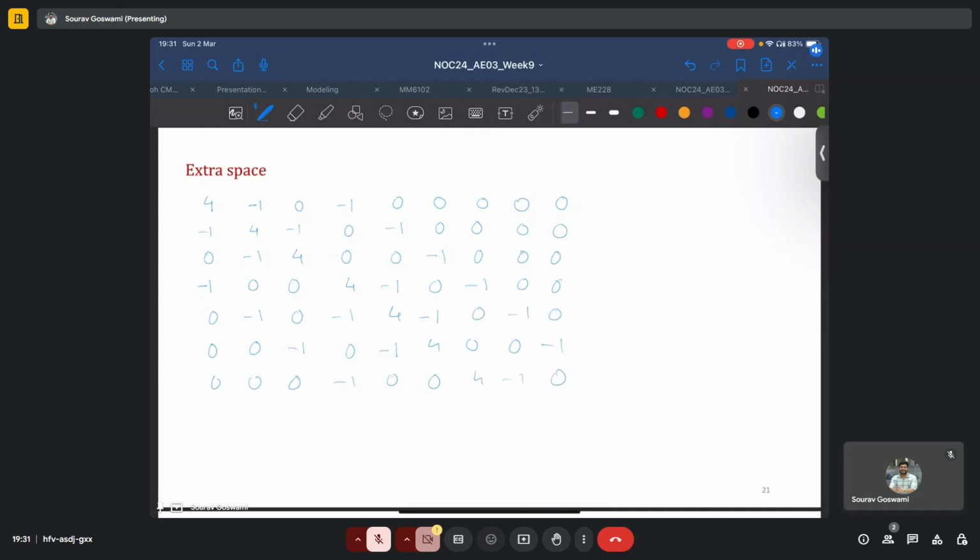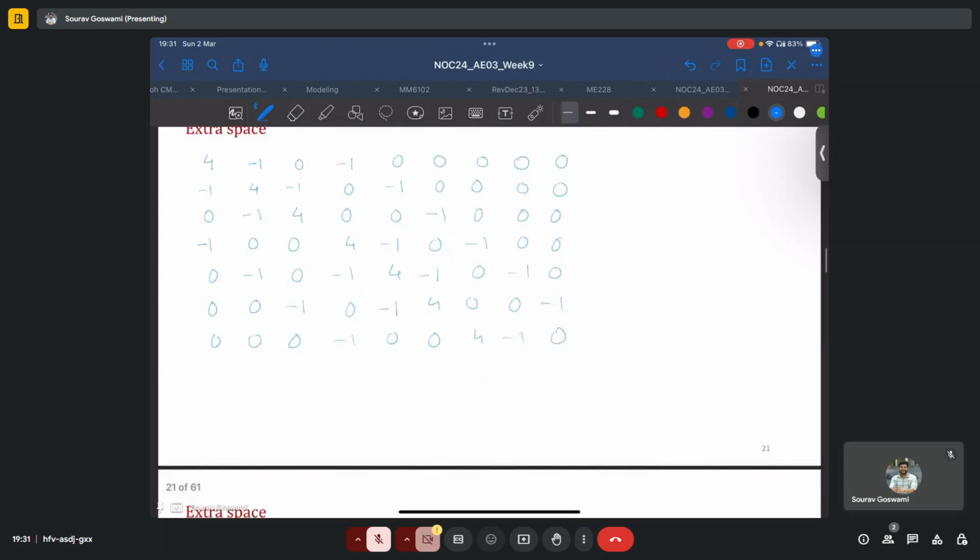So as you can see, the matrix is consisting entirely of minus 1, 4, and 0. 0, 0, 0, 0, minus 1, 0, minus 1, 4, minus 1, 0, 0, 0, 0, 0, minus 1, 0, minus 1, 4.